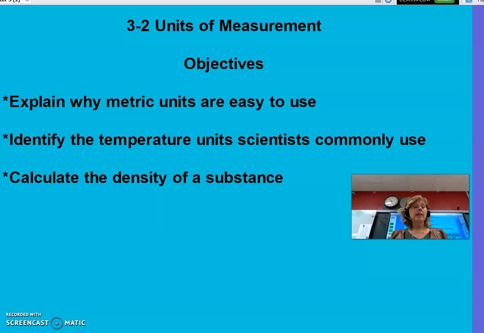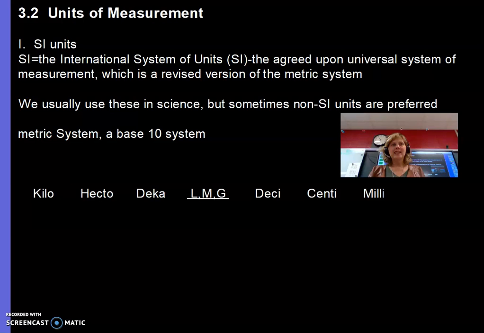So that segues nicely into our next section, which is talking about the metric units, why they're easy to use. We're going to talk about the temperature scales that scientists commonly use, and we already kind of went over density. So in science, scientists around the world use something called the International System of Units, or SI units.